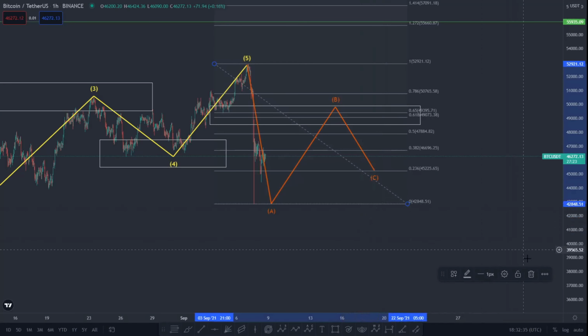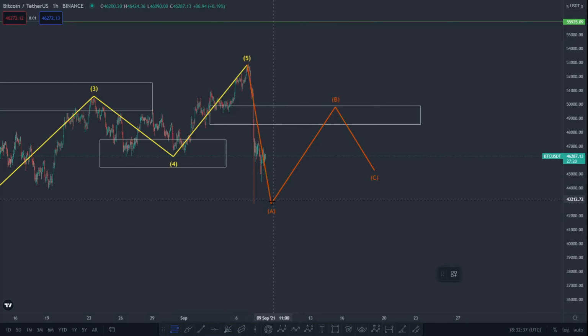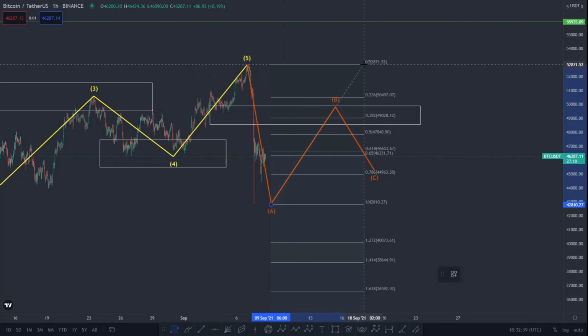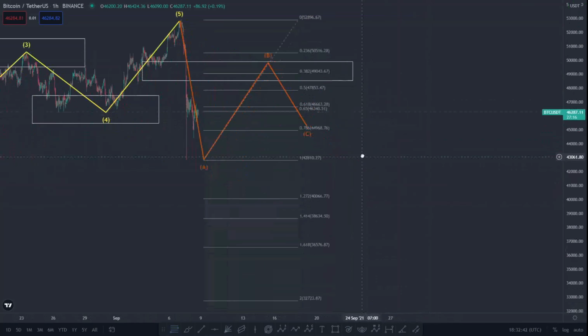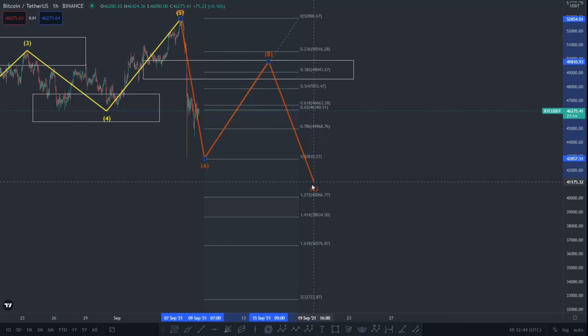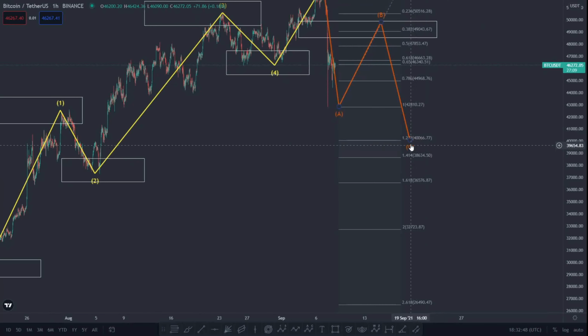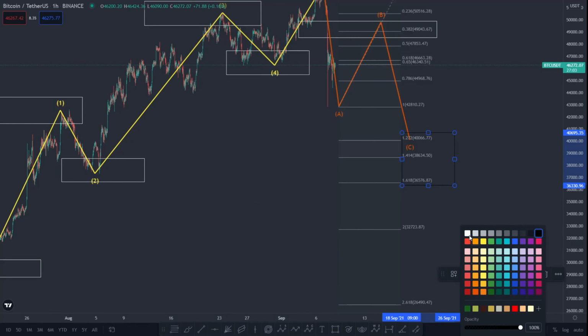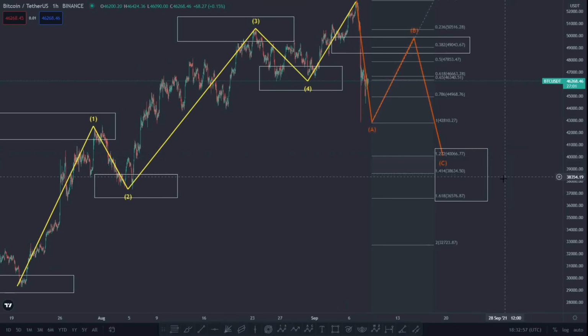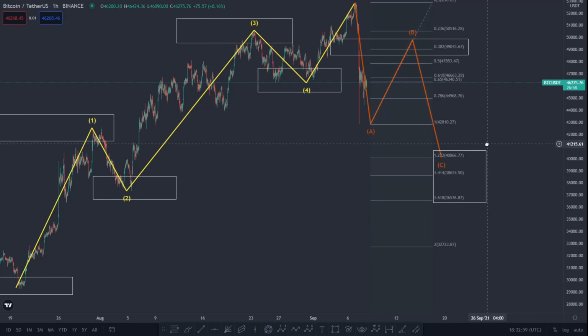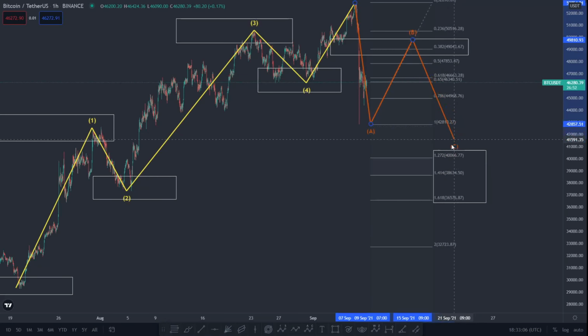So let's delete this one, do the inverse again, and let's see what target it gives us. It gives us these temporary targets, all right? So these are targets to watch out for. For me, it could go to this level right there and bounce back up.